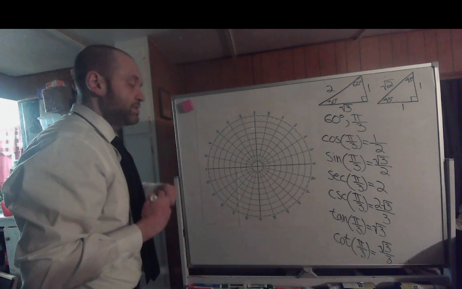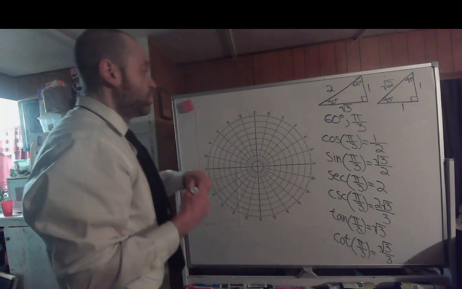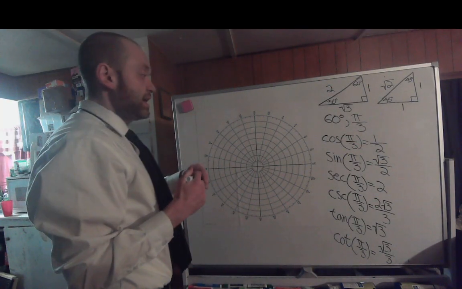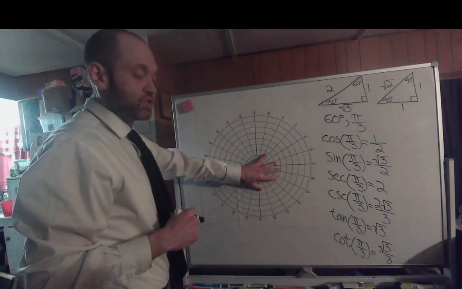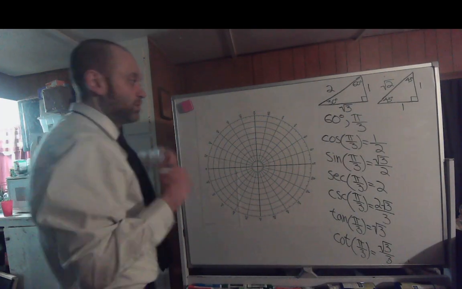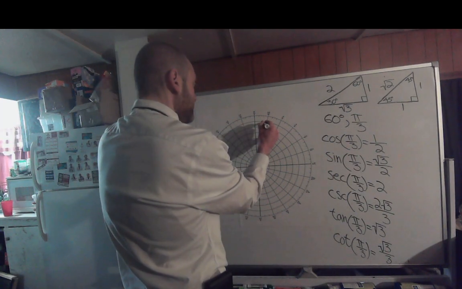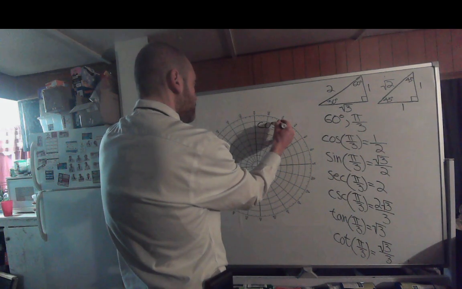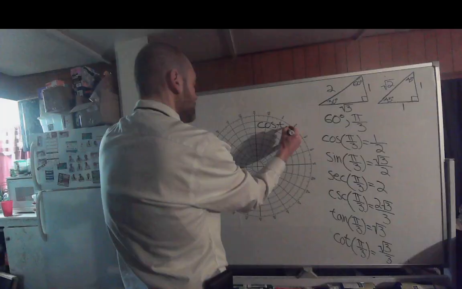So notice something. Here in the first quadrant, again, think of this as your normal xy plane. Your x and y coordinates are both positive. So that means the cosine in the first quadrant is positive.